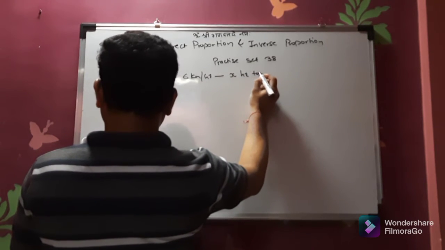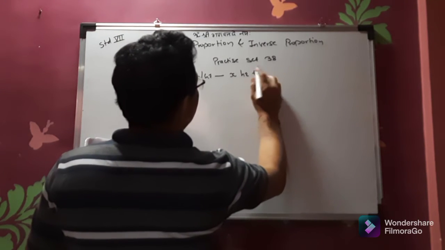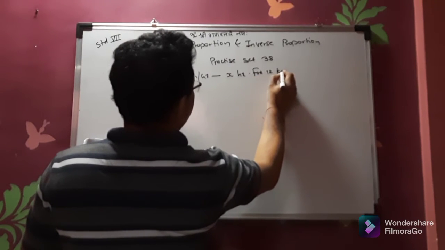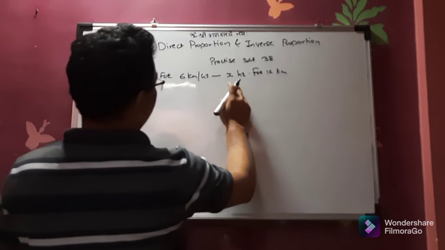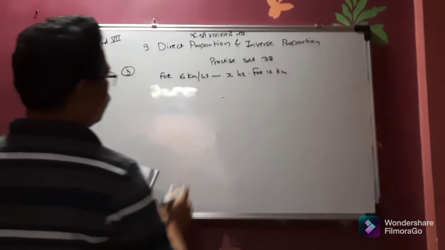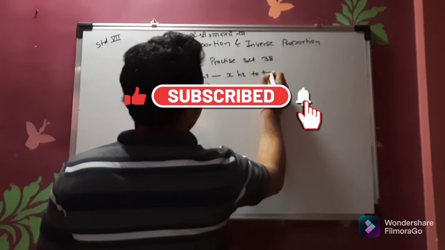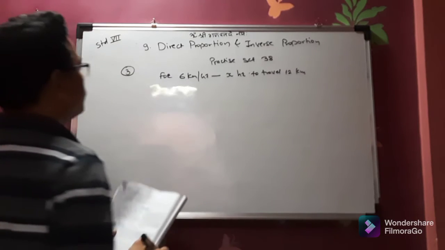For 6 km per hour she requires x hours to travel 12 km.